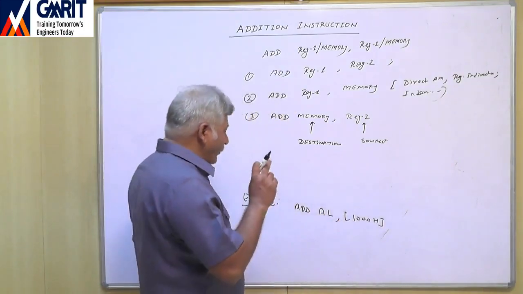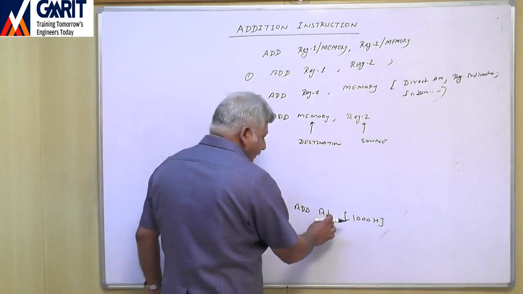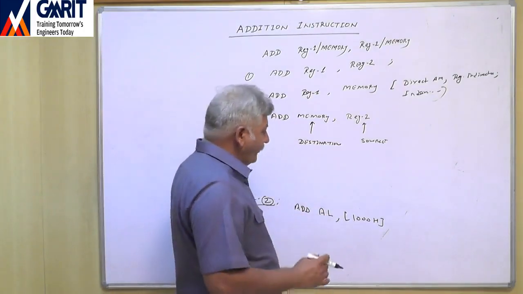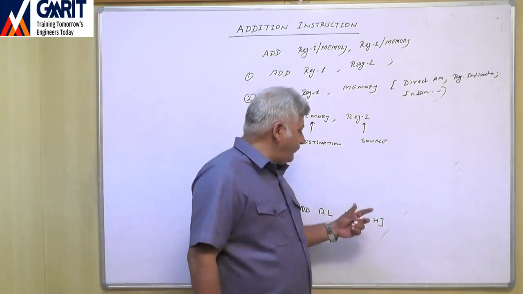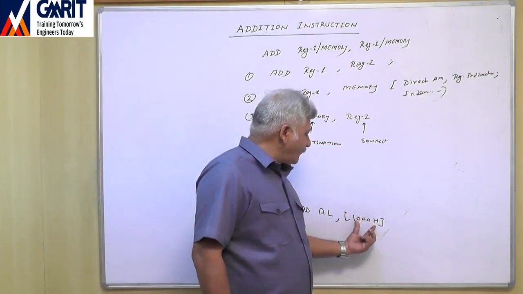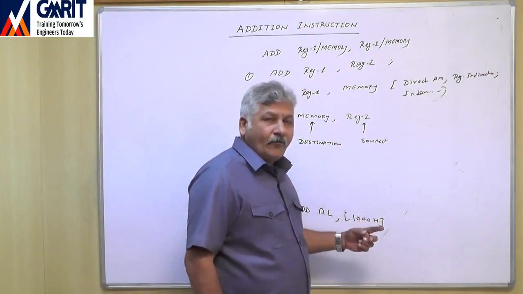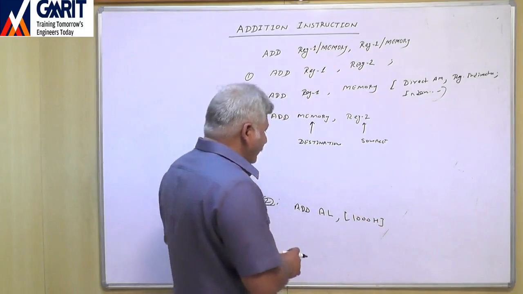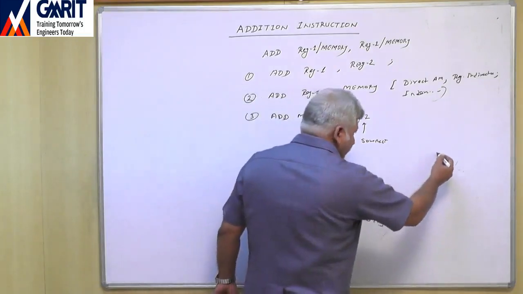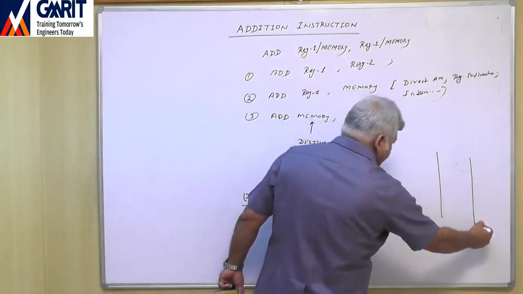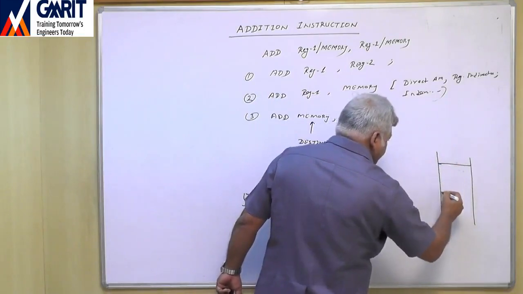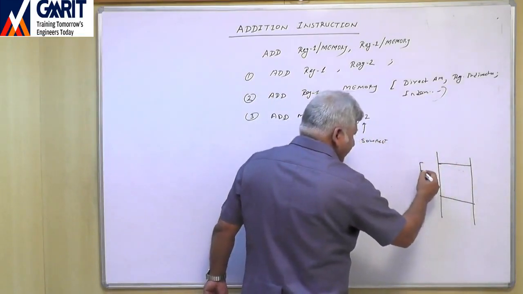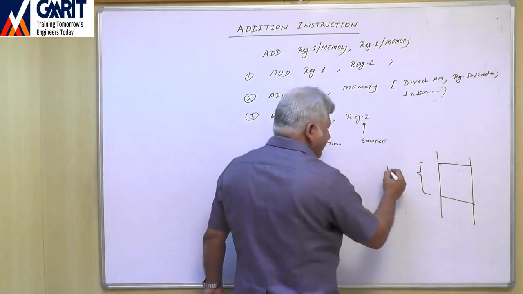So one of our data is in the AL register and our second data is in memory at the offset 1000H of the data segment. Suppose this is our memory. In this memory, this section is our data segment.